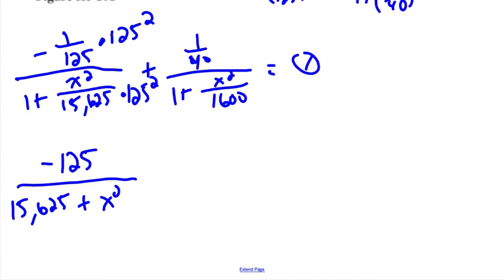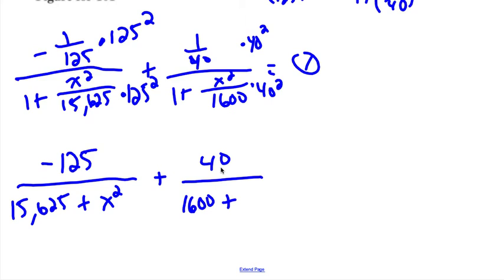Plus x squared plus, this one's going to get multiplied by 40 squared over 40 squared. So the top just gives me 40 over 40 squared times 1 is 1600 plus 40 squared times 1 over 1600 is just 1, or x squared in that case, equals 0.